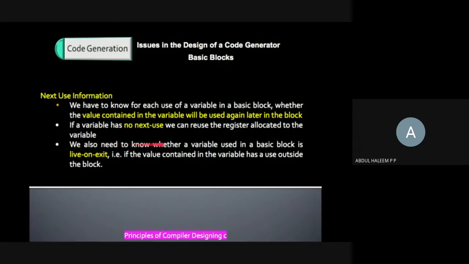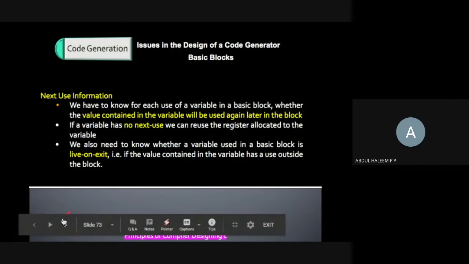So all we will decide is whether a variable is live on exit from a basic block. Now we know the importance of a basic block. We'll take a sequence of statements instead of a single statement. Then, with respect to a block, we look at what is happening, whether it is live or not. And that is the analysis that is being done.